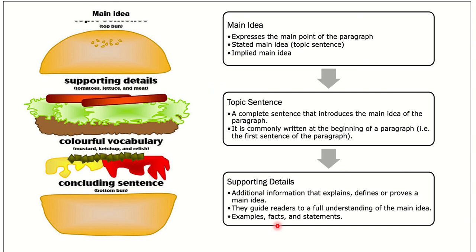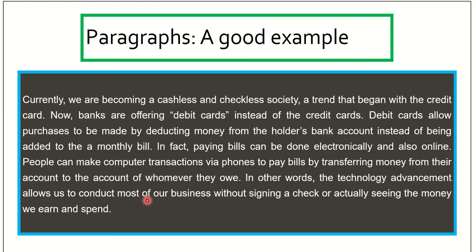And then at the end of your paragraph, usually we have a concluding sentence, and that is the restatement of your main idea. Now over here, if you look at the last sentence, "In other words, the technology advancement allows us to conduct most of our business without signing a check or actually seeing the money we earn and spend."